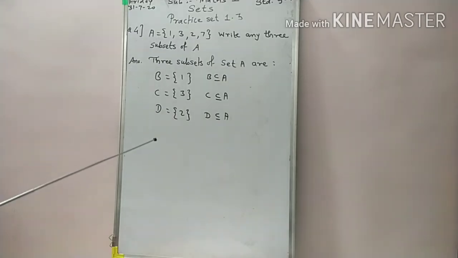Or you can write the empty set also; the empty set is also a subset of A. So we can form a number of subsets in this example. Like this, you have to write 3 subsets of the given set A. Okay students.